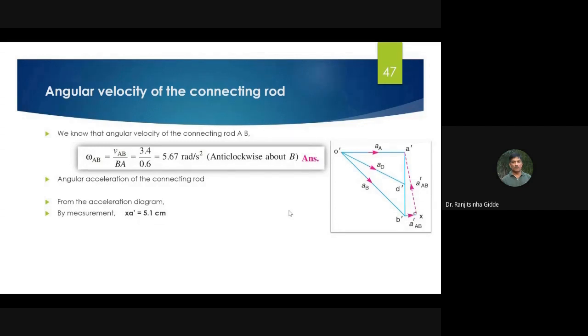By measurement x a dash is equal to, write whatever value you got. What value did you get? 5.3. Okay, no issue. Write down.